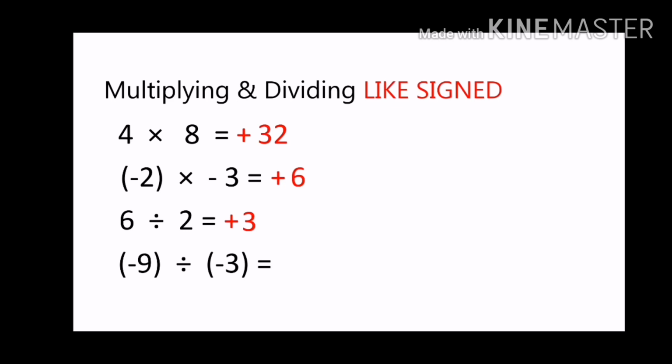Okay, 9 divided by 3, take it as whole numbers, that is 3, and since both are negative or both have the same sign, your final answer must be positive. So you must always remember this mindset that in multiplication and in division, same sign, positive; unlike sign, negative.